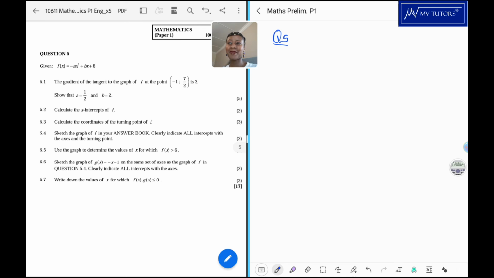Okay, this is the Gauteng paper. Given that the function f is equal to negative ax squared plus bx plus 6. I see we have a negative, so this is a sad face parabola. Again, some people say parabola, others say quadratic function.